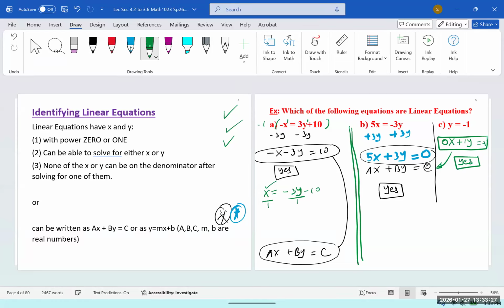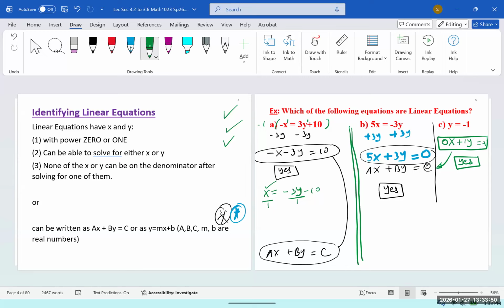Even though there is no x, it doesn't matter. Anytime you don't have anything, it means you have 0 of them. So no x means 0x, and only y means 1y. So 0x plus 1y is one side and -1 on the other side. It's standard form, so it's a line.